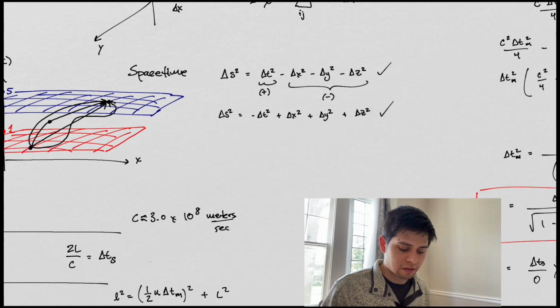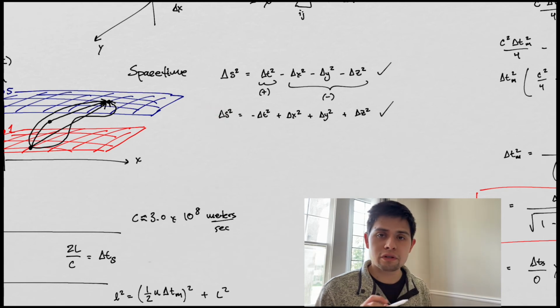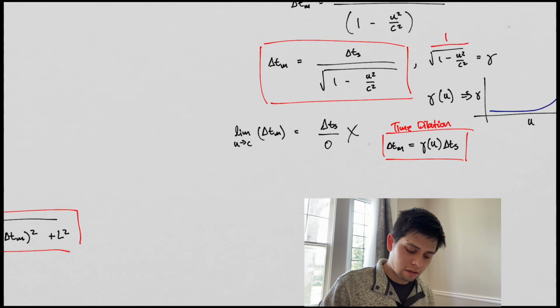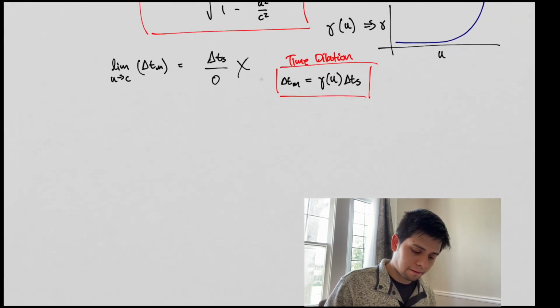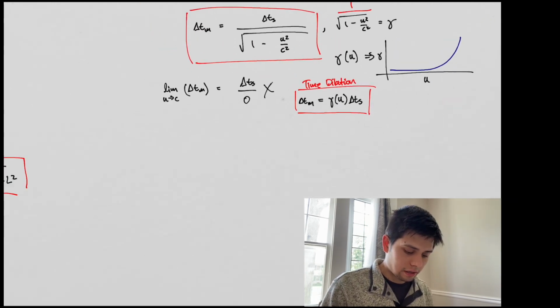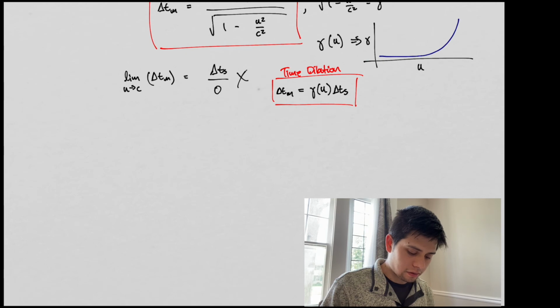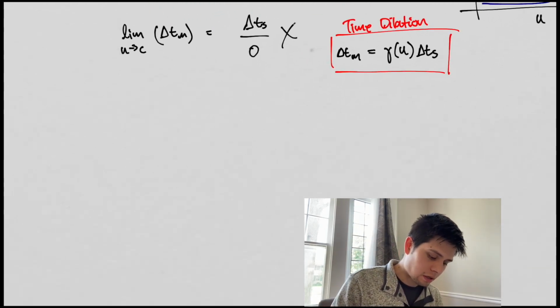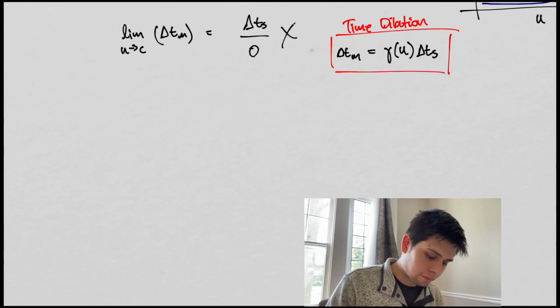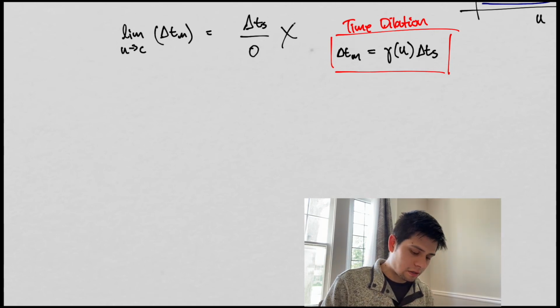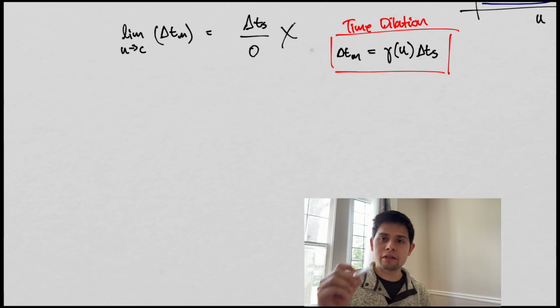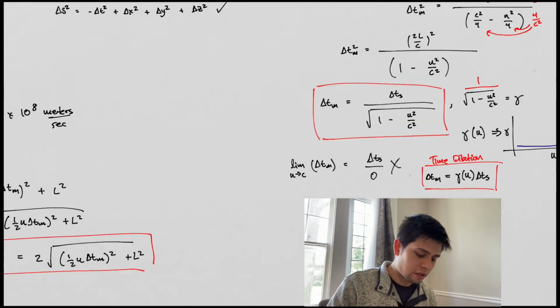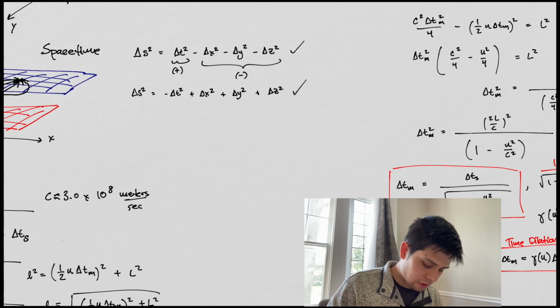We can call this a distance. Let's calculate the distance for someone who is not moving. We've determined what the time dilation equation is, and now let's plug it into here.